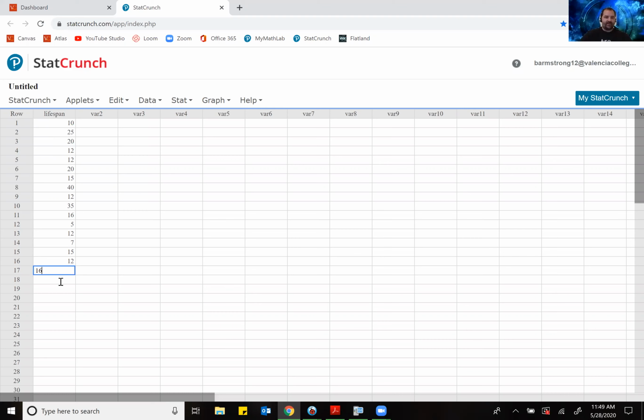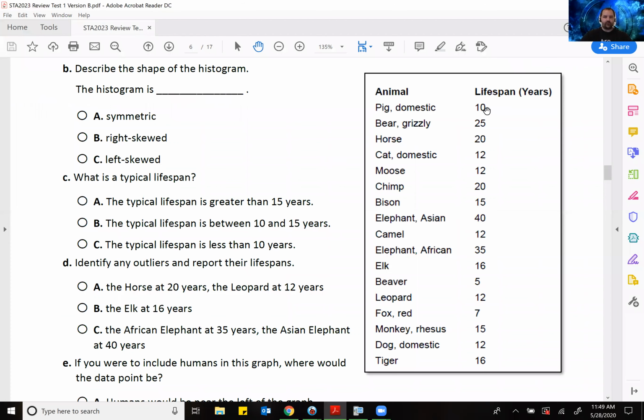And that means we have 17 numbers. I always double check this. I'm going to go back and count up. 1, 2, 3, 4, 5, 6, 7, 8, 9, 10, 11, 12, 13, 14, 15, 16, 17. All right, so we match. Because if we don't have all these numbers, that's going to mess everything up for us.